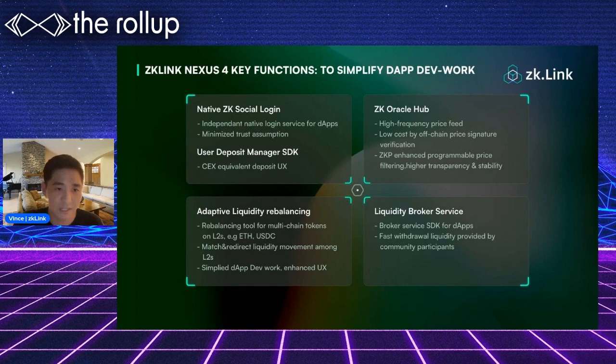So this will significantly save the cost for per order book trading products. And this feature also provides enhanced programmable price filtering function to the dApp builders. For example, with this aggregated price, the application builders will have the possibility to enable some features on these price feeds to protect their traders.